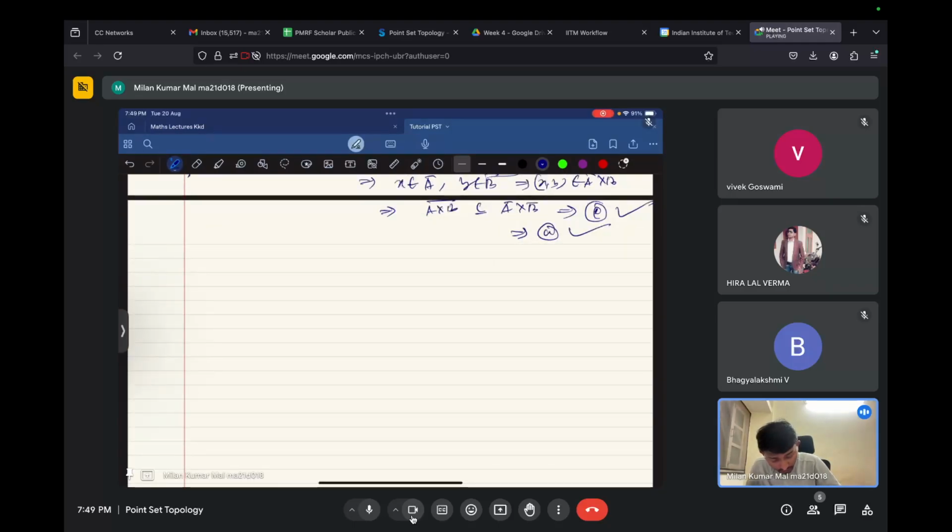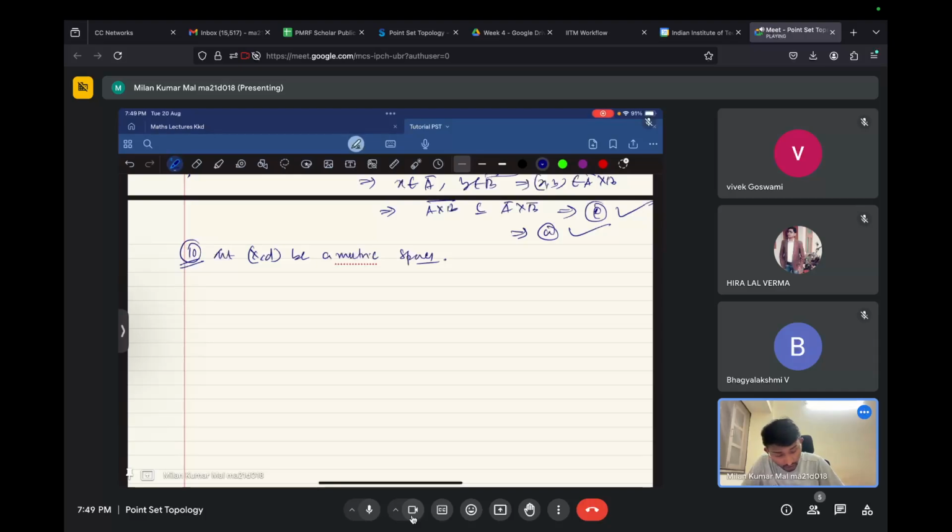Okay, this is a very interesting problem. Let X be a metric space with metric d. Let (X, d) be a metric space, and that metric will generate a topology. That topology, we are talking about that topology specifically.